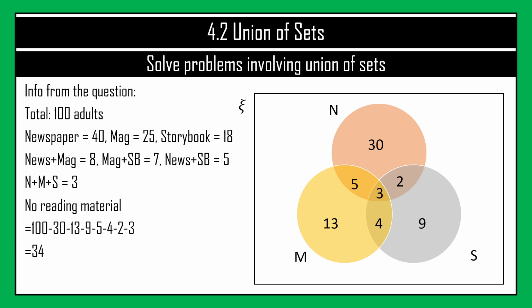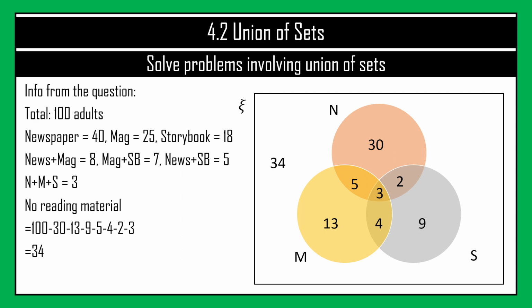So 34 is actually the complement of those who have reading material. If you remember correctly, 34 is written outside of these 3 circles. Alright, so this is how to solve problems involving union of sets.